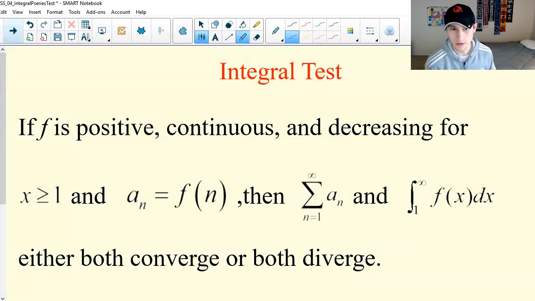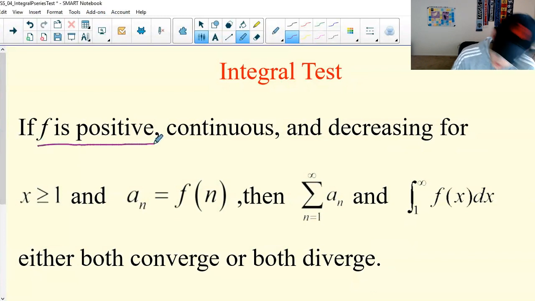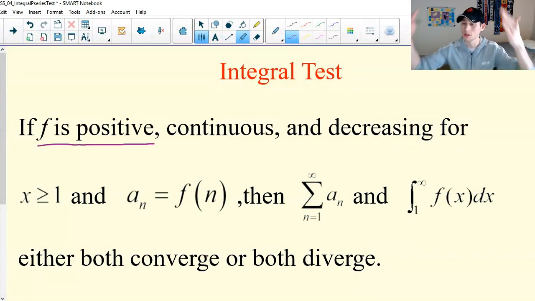So first is the integral test. We have to have a lot of prerequisites in order to use the integral test. F has to be positive. So the function, whatever we're talking about, has to be positive. Like if I look at the graph, it's all above the x-axis, for example.